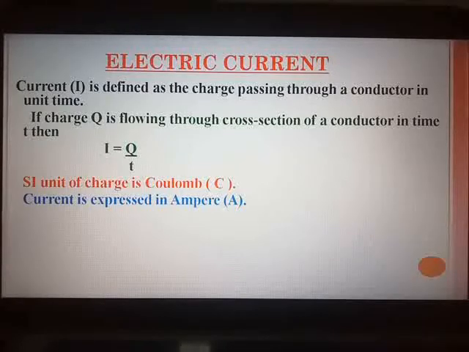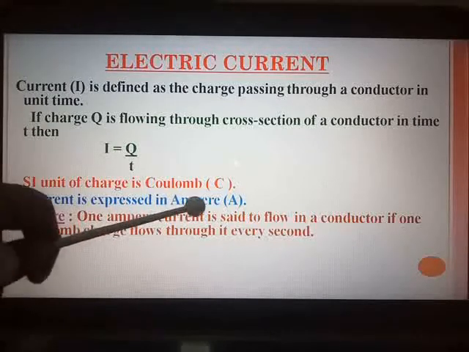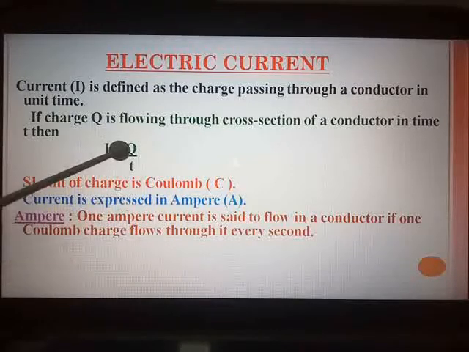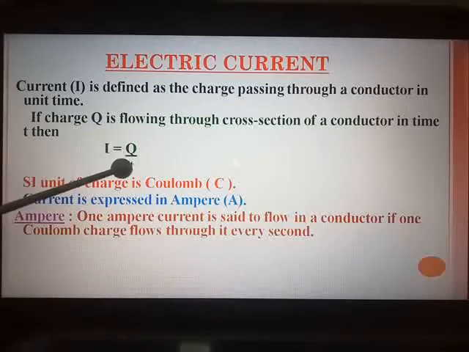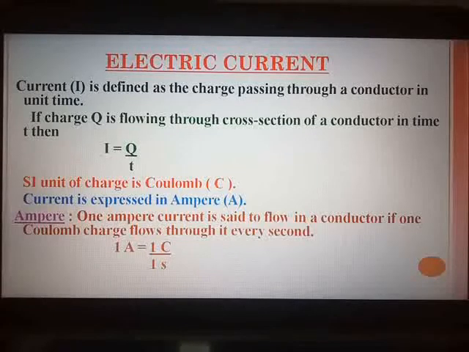We can say that 1 ampere current is said to flow in a conductor if 1 coulomb of charge flows through the conductor in 1 second. So 1 ampere is equal to 1 coulomb upon 1 second. All these formulas should be learned by you thoroughly.